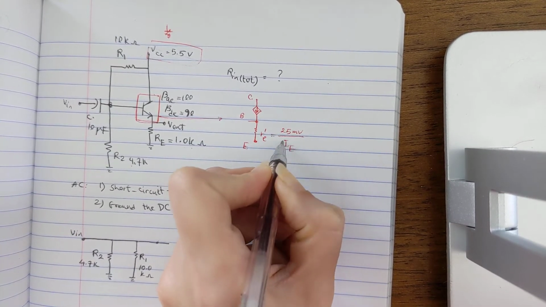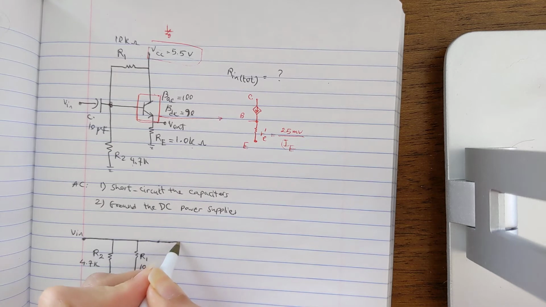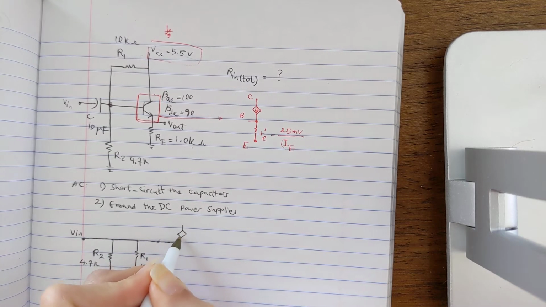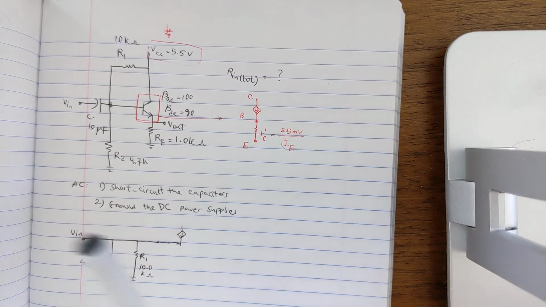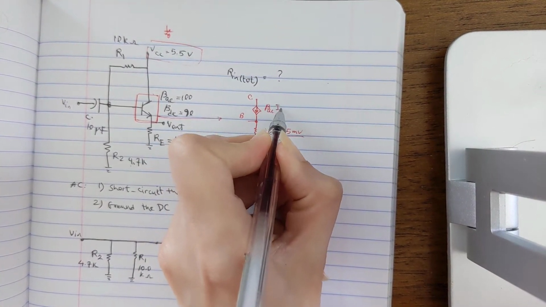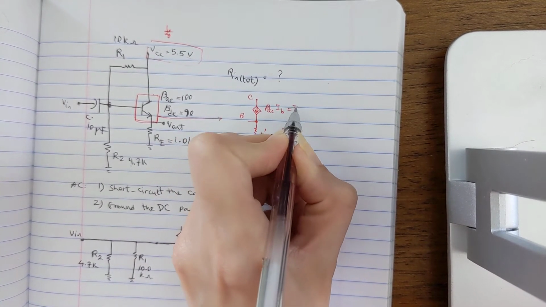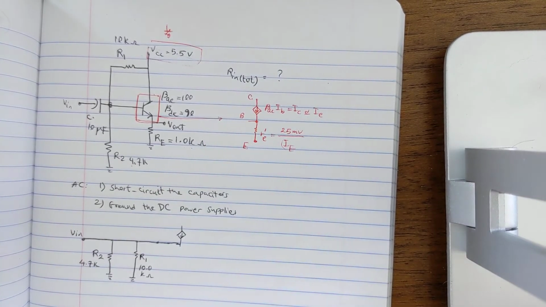This is the DC value of the emitter current. So let's connect the current source here, and this current source is actually beta AC multiplied by IB, equal to IC or almost IE.